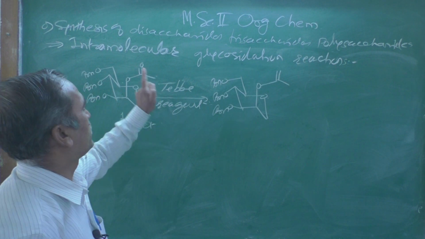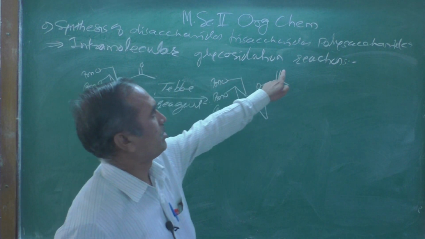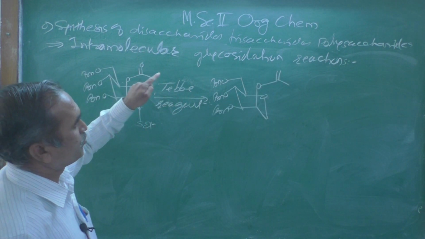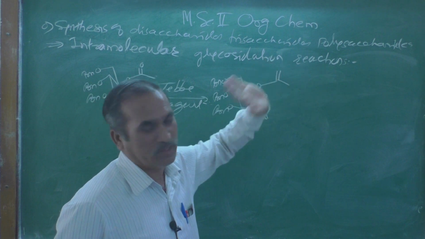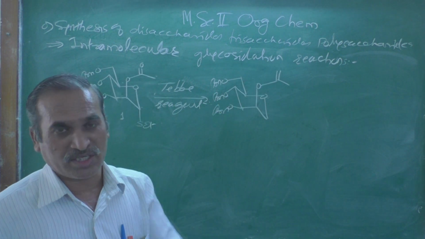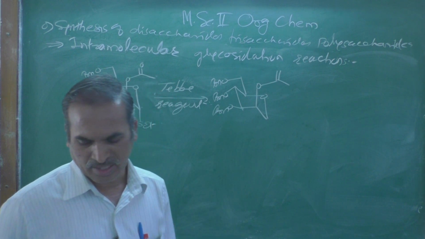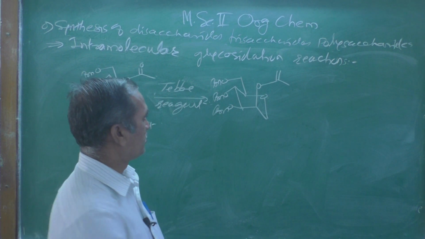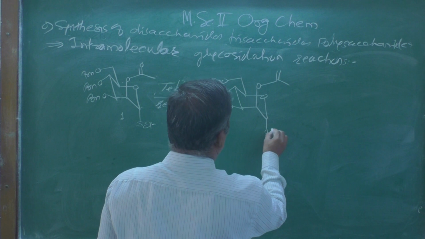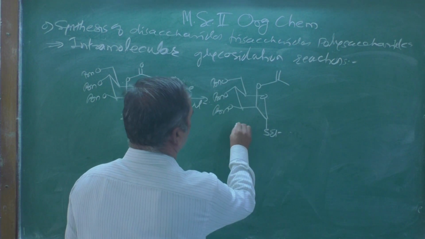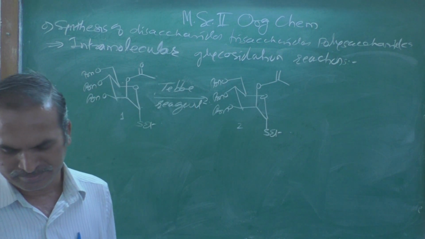Most students, in a hurry, show it as O, oxygen. Remember, this carbonyl group is converted into an olefinic group. That change is the speciality of the Tebbe reagent, and the other part remains as it is. Here is the SEt, the thioglycoside, which is structure number 2.